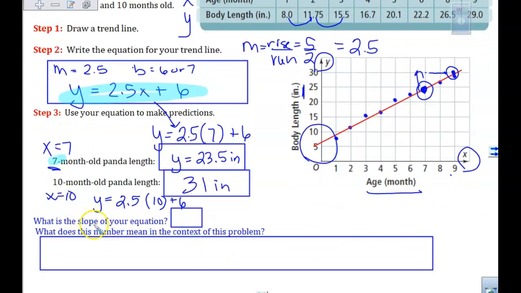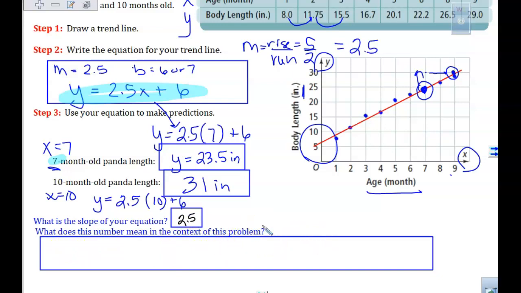The next question says, okay, so when we looked at this, what was our slope? Our slope for this one was 2.5. The question is, what does that mean in the context of this problem?